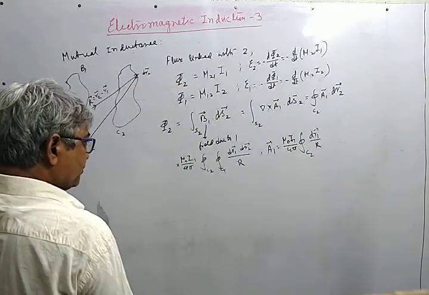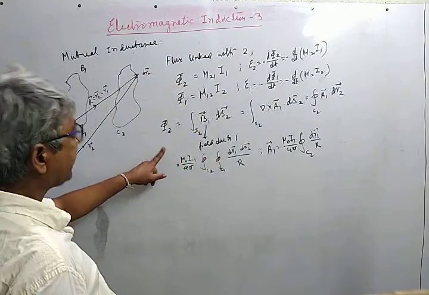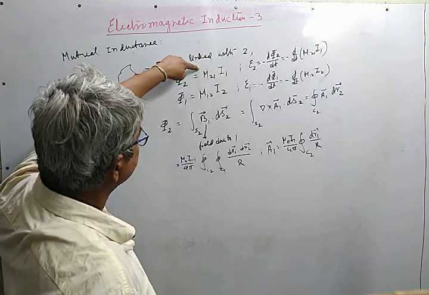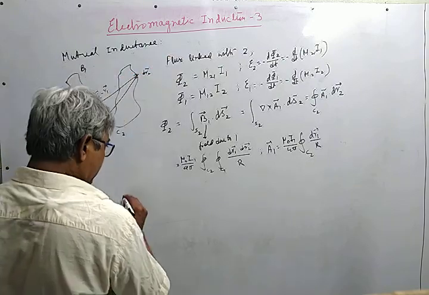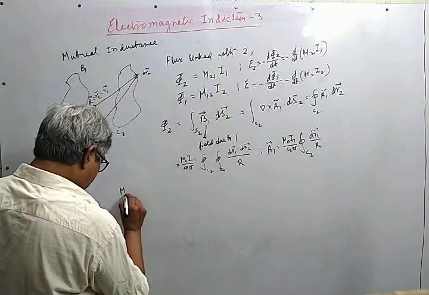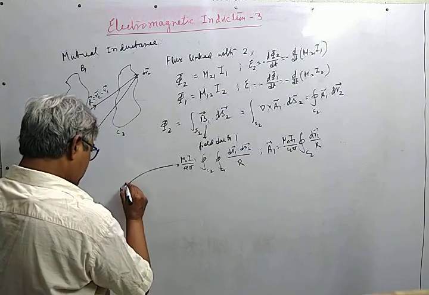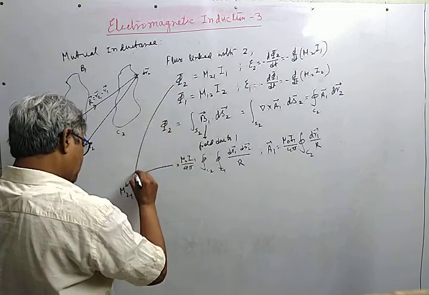So if we compare it with this expression, we get M21. So what we do, we compare this with this.